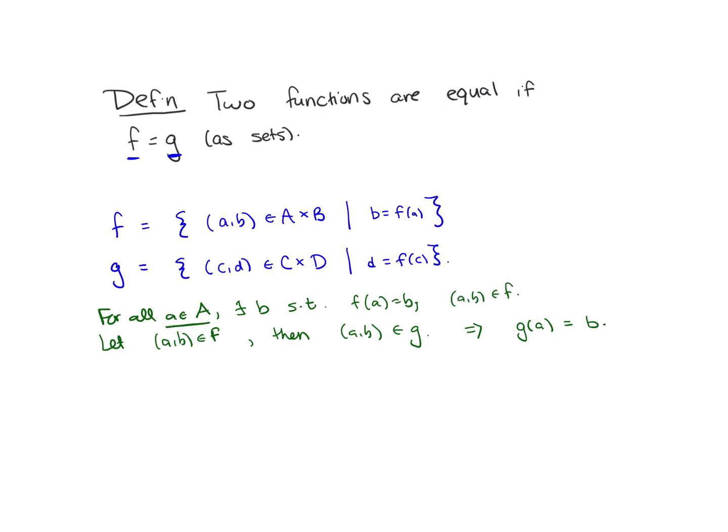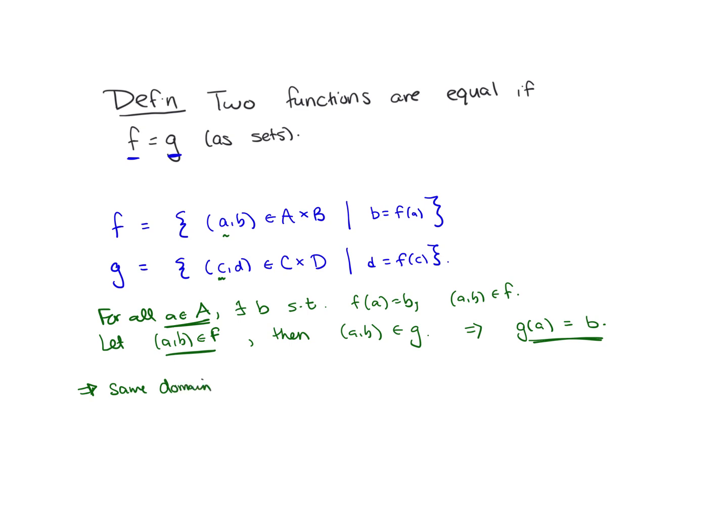So for all a in A, I know that (a, b) is in f, which tells me that g of a equals b. Right? And the same thing would be true going back. So that means that they must have the same domain, because they have the same starting elements. So they have the same domain.